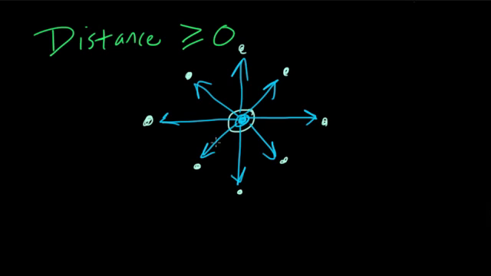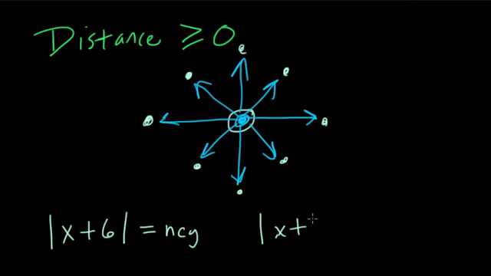Distance has to be positive. So when you say that the distance of any expression is less than some negative amount, less than 0, then you've found an impossible situation. How can I move a negative distance away from 0, or anything for that matter?